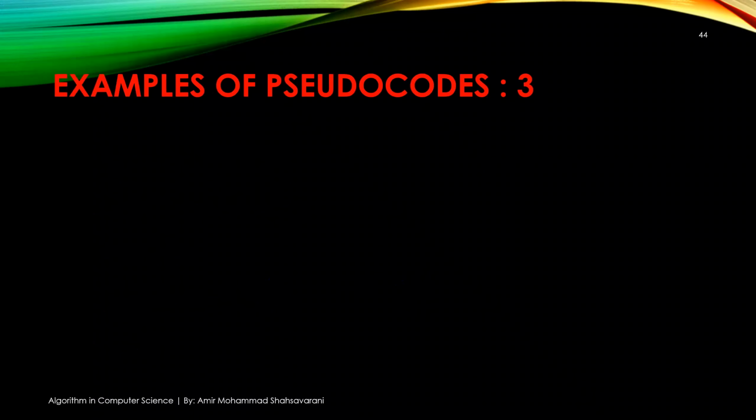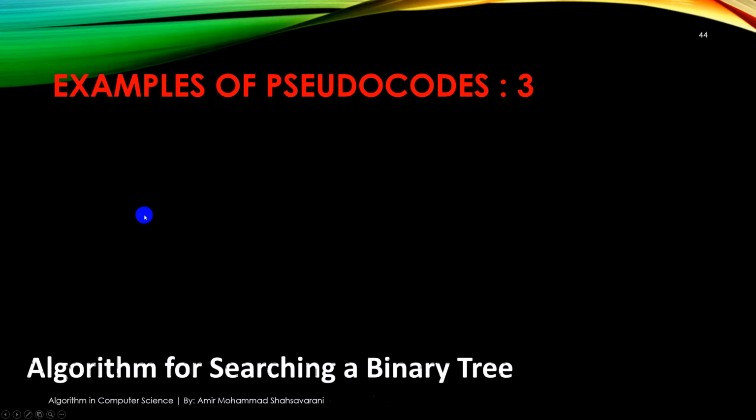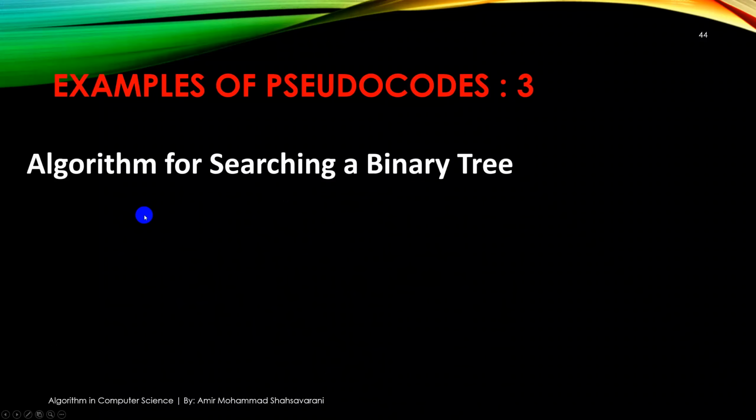Okay. Our third example: algorithm for searching a binary tree. We explain these issues in our data structure course. But if you remember from our session 1, we spoke briefly about binary trees.